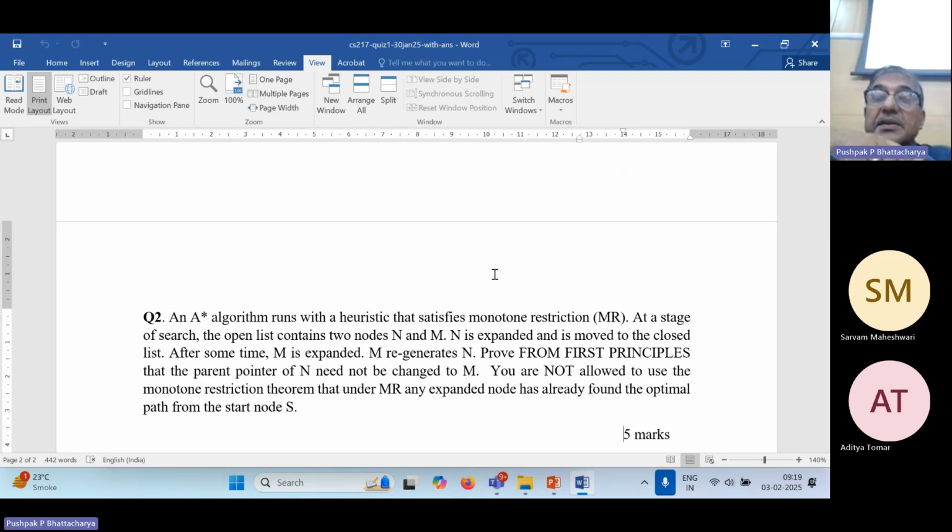N is expanded and is moved to the closed list. After some time, M is expanded. M regenerates N. So N is a child of M from the search graph.